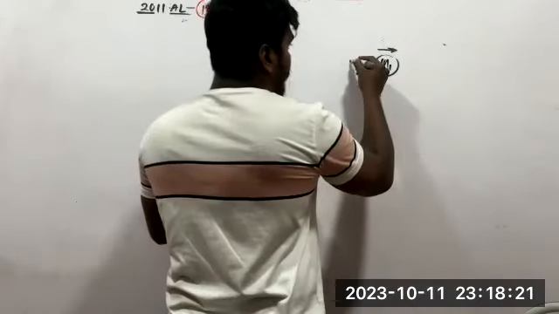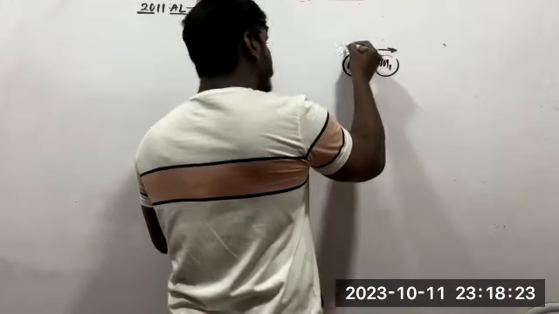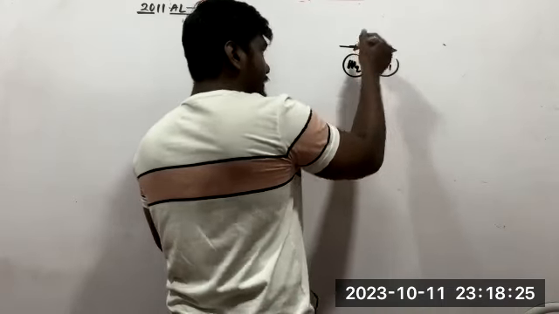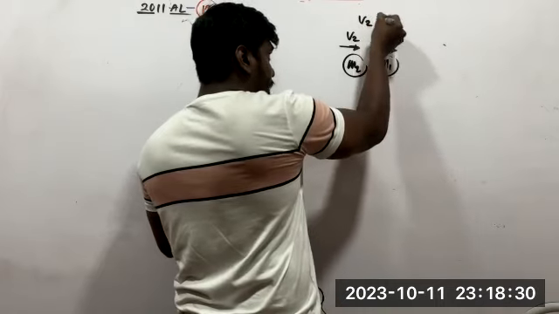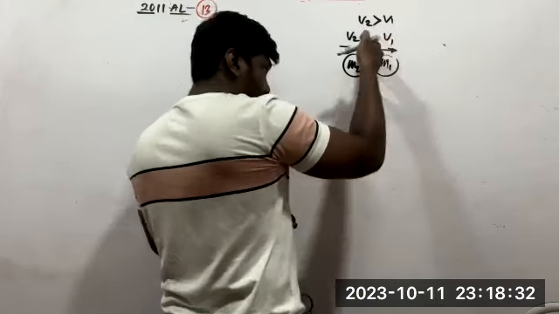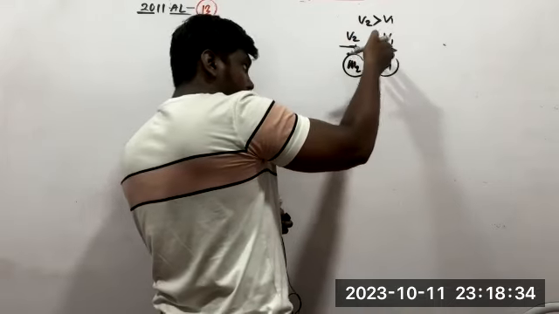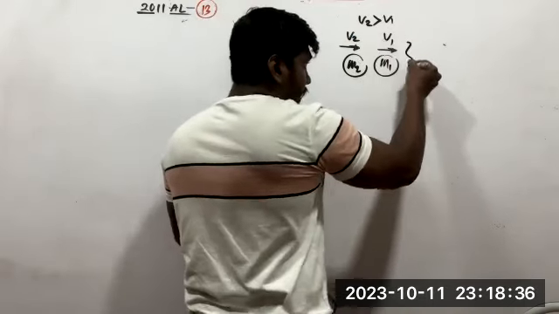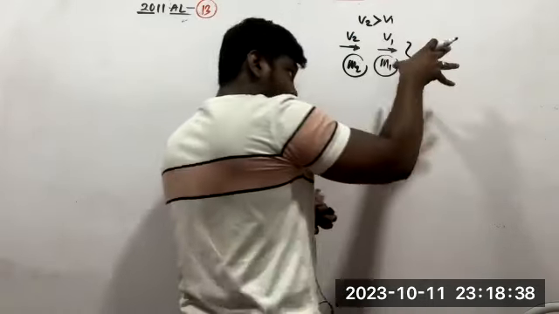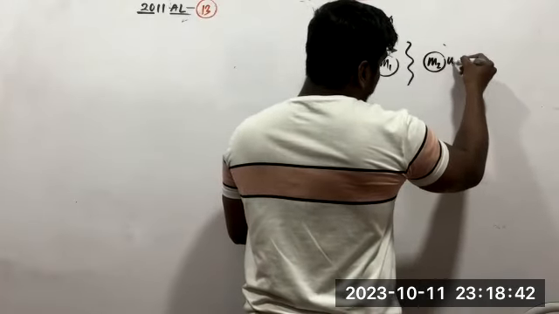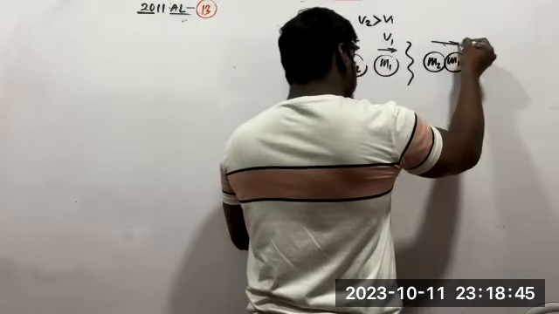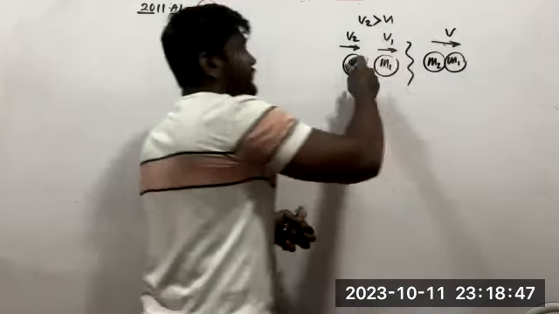This is very equivalent to there are two masses m1 and m2 moving in the same direction. Let's say this one's velocity is v2, this one's velocity is v1. Let's say v2 is larger than v1. So what will happen? This m2 will collide with m1. After the collision, let's say the system gets combined. M2 and M1 stick together and both of them are moving. The combined velocity will be, let's say, v.